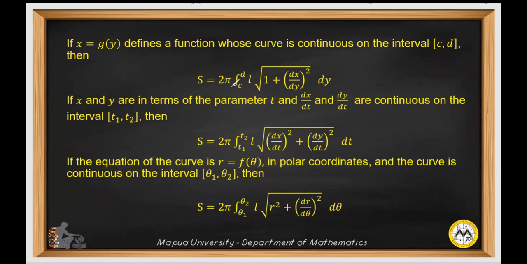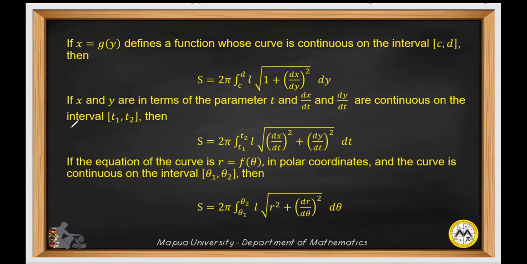So S is 2 pi times the integral from c to d of L times the square root of 1 plus the square of the derivative of x with respect to y. And of course, the integral will be evaluated in y.